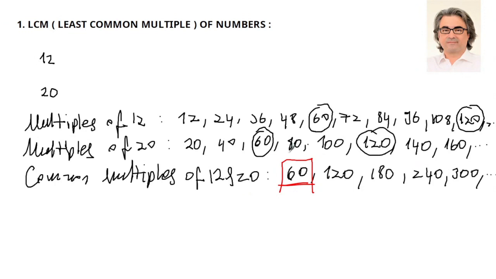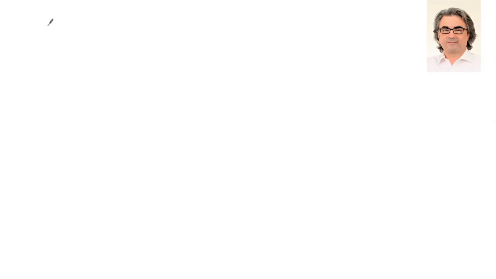And now let's continue on the next page and give another example. Let's choose smaller numbers this time, 4 and 5, for example.